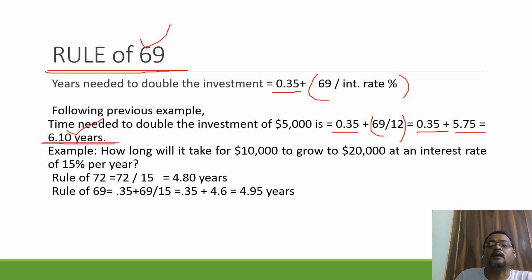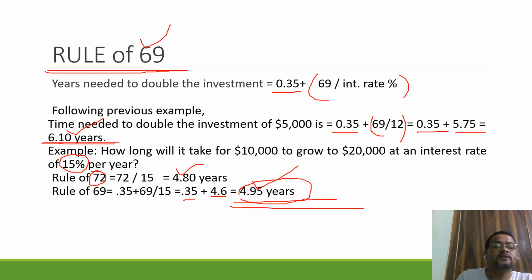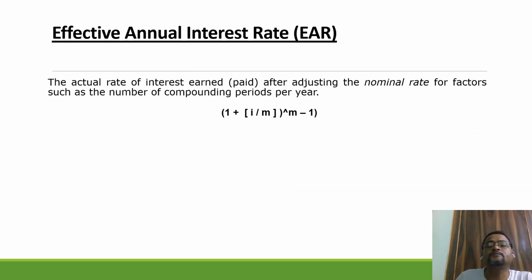If the rate of interest is 15%, it will be 0.35 plus 4.6, 4.9 years. You can see under rule 72, this will be 4.8 years. So rule 69 gives a more precise answer than rule 72. So for approximation, to generally know how many years or months it takes to double your money, you can use both rule of 69 and rule of 72.